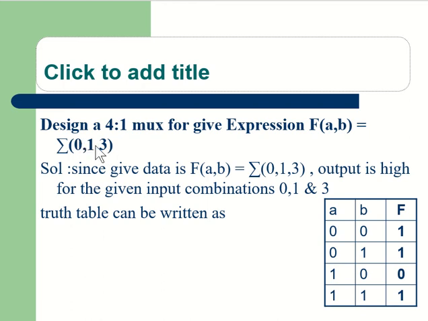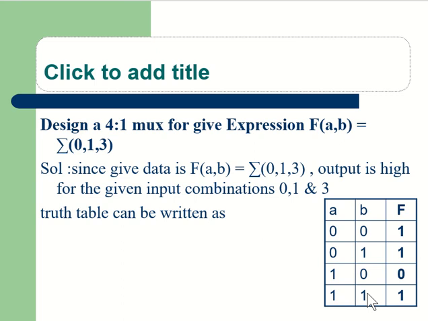Okay, so let us write the truth table for the given expression, f(a,b) is equal to summation 0, 1, 3. Since it is two variables, a and b, there are four different input combinations possible: 0 0, 0 1, 1 0 and 1 1.